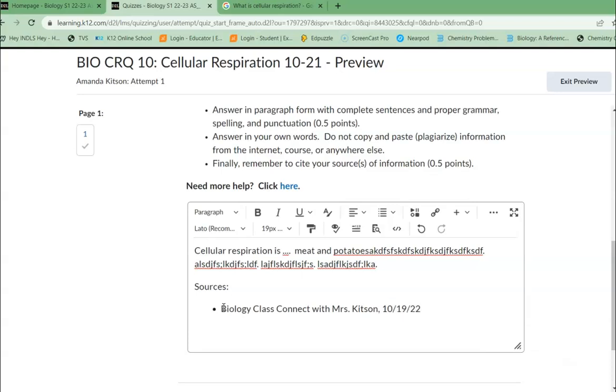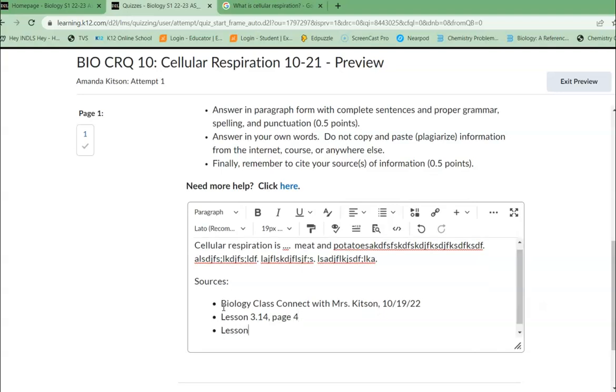So that's pretty specific. If you used a lesson in the course, lesson 3.14, tell me what page number you used, page 4. Or if you used a couple of pages, maybe from lesson 3.15, pages 4, 6, and 9, if you used a number of pages.